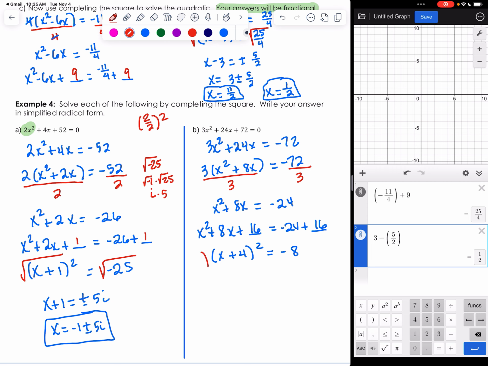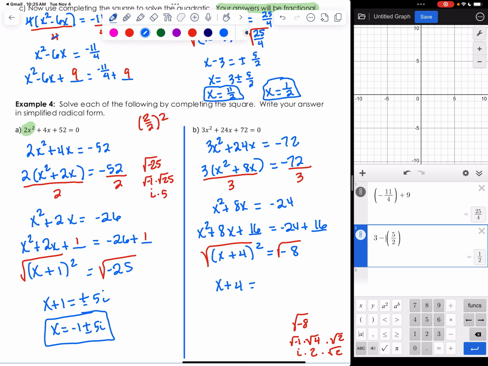Then I took the square root of both sides to give me x plus 4 equals, I need to come down here and simplify square root negative 8. This would be square root negative 1 times square root 4 times square root 2. So this would be i times 2 times square root 2.